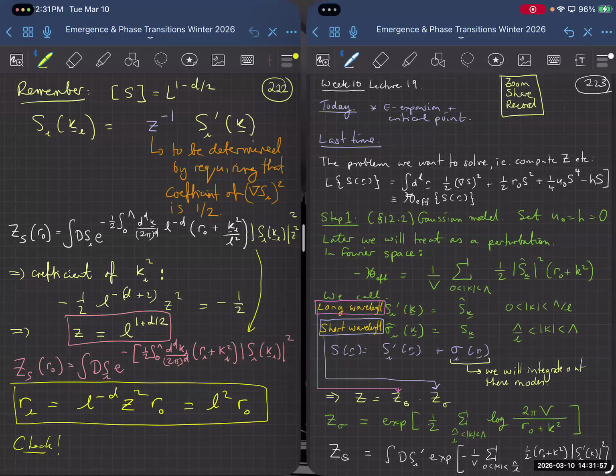Okay, so let me just recap what we did last time. And again, this will be the most technical, boring, uninspiring lecture of the entire course. We're just going to show you how to walk through the calculation, show you that it's conceptually the same as everything that you've seen before in the simpler renormalization group in real space.